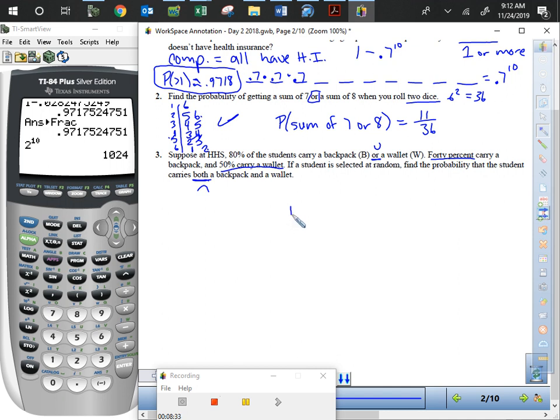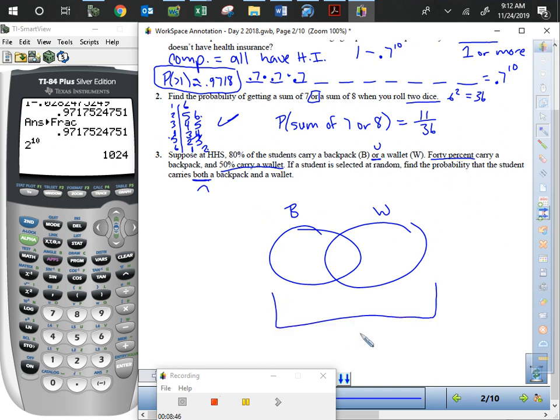Okay, so let's set it up. We've got the backpack, we've got the wallet, and they're going to overlap. It says that together we're supposed to get up to 80%. So when we add this piece and this piece together, we should get 80.